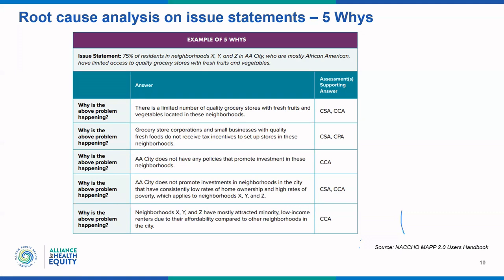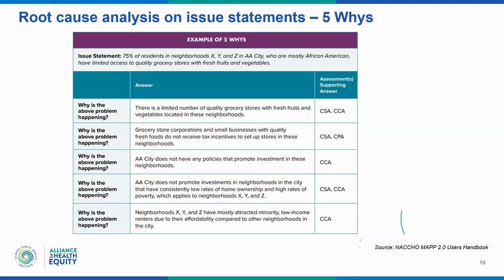So what you would do is, you have your issue statement: 75% of residents in this neighborhood have limited access to quality grocery stores with fresh fruits and vegetables. So you would ask why. The first response is there's a limited number of quality grocery stores with fresh fruits and vegetables.